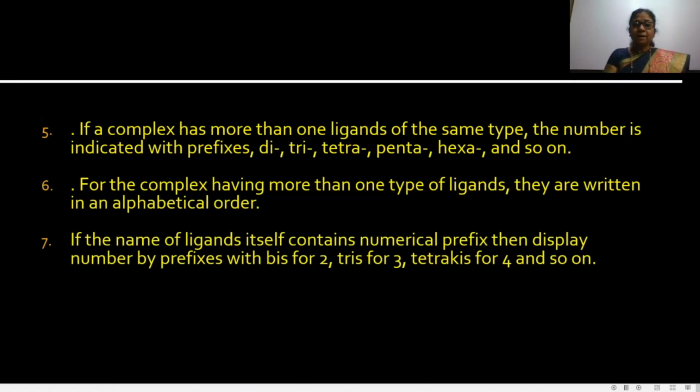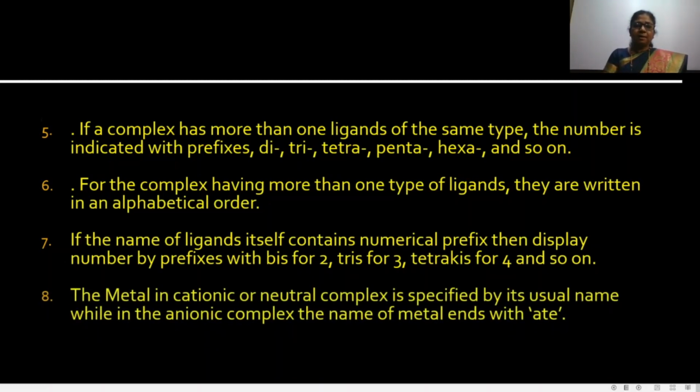That means for ligands having a numerical prefix, for example ethylene diamine, which has a numerical prefix, we write the number with bis for 2, tris for 3, tetrakis for 4, and so on. In this way, if the ligand name itself has a numerical prefix, use bis, tris, tetrakis, and so on.